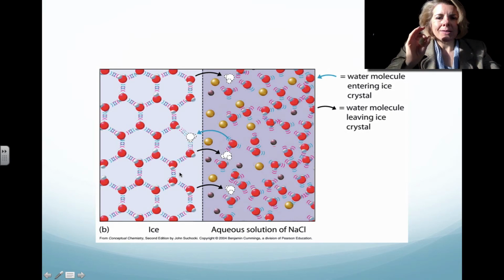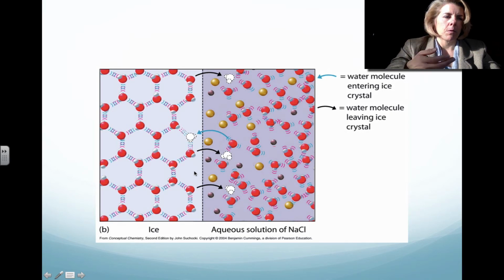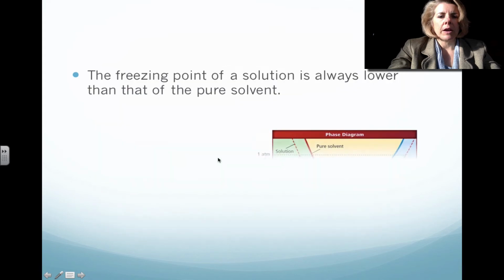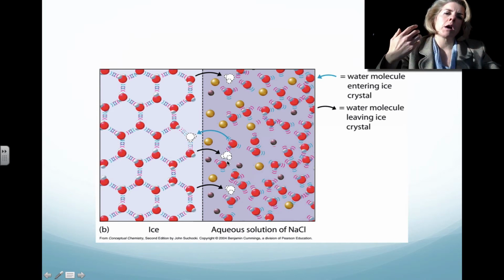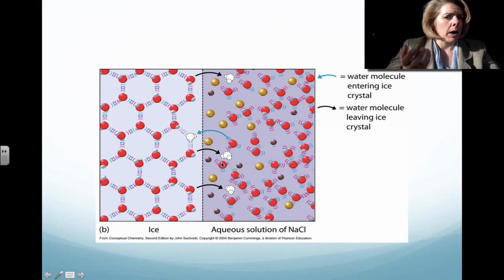The moment you add a solute, and solute typically is in the form of salt, notice that you're slowing down the process of going from ice to liquid back to ice. So there are more molecules in the liquid phase than in the solid phase. And that's the reason why we get the freezing point depression.